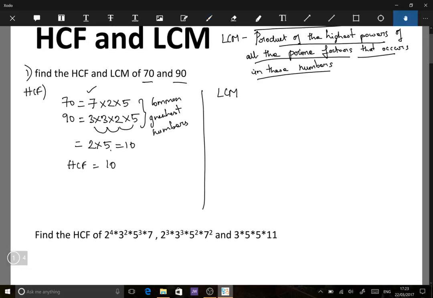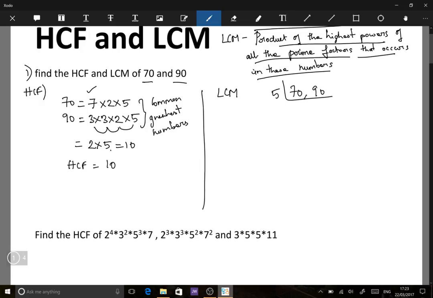Now for LCM, what's the definition? Least common multiple or lowest common multiple. For that, we write the given numbers like this, and we divide with all the possible prime factors until we get the minimum value 1 and 1 for both numbers. Follow me.